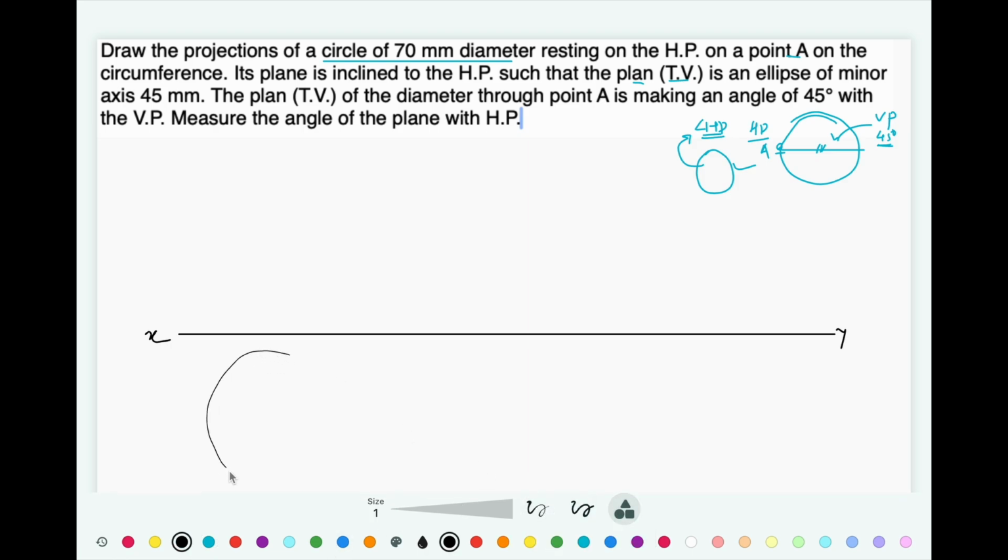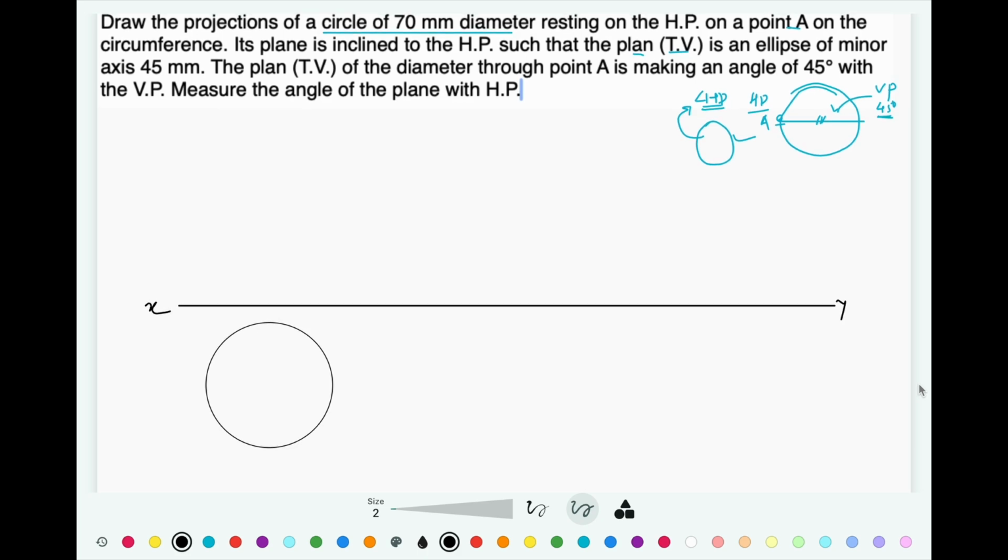you will get a circle in the top view because it is resting on one point on the circumference on HP. The surface is inclined to HP. So when you make that surface parallel to HP, the true shape is obtained in HP, which is basically a top view. So once you get the top view, split that circle into certain equal divisions.